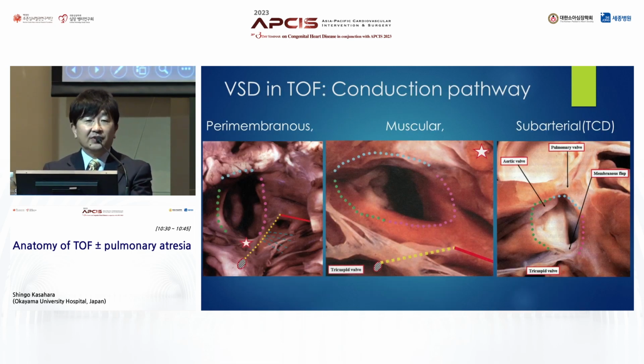So, the conduction pathway, I described this one. The perimembranous type is a little bit close to the margin. The landmark is the medial papillary muscle. So where is the medial papillary muscle? And the muscular VSDs and the subarterial doubly committed type. Recently, our cardiologist said, this is the medial papillary muscle.